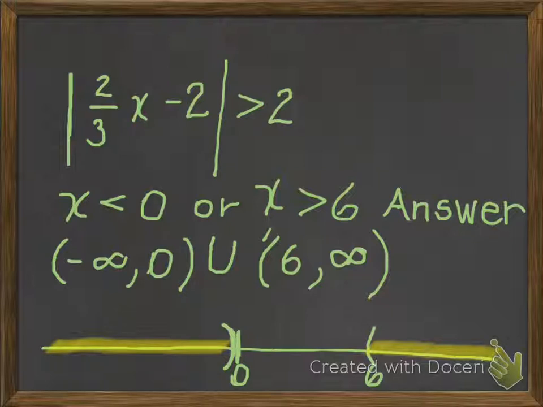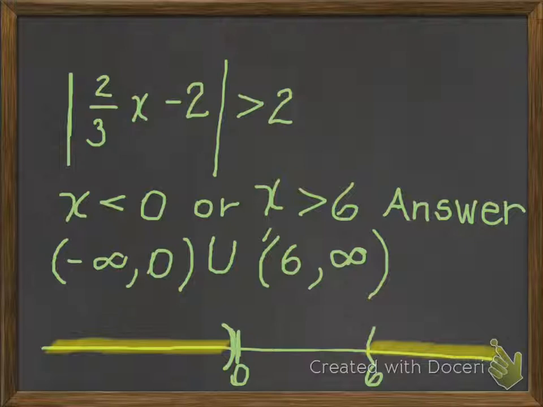Now, since it's not a region that's joined all together, we have to join them with that union symbol when we write the interval notation. So our interval notation reads, we use the rounded brackets again because it's not less than or equal to, it's just less than. So the interval notation says x is anything between 0 all the way to minus infinity.